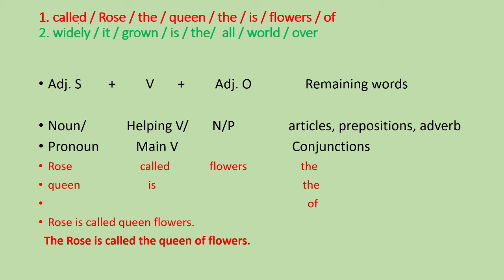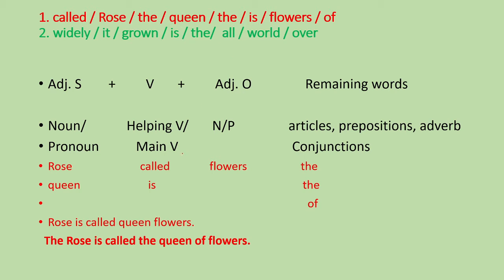So first word, called. Called is a verb, so we will write called under V. Then comes rose. Rose can be a subject because it's a noun, so we will write it below subject. Then the, we will write under remaining words. Queen, again it can be subject or object, so we can write it here below the subject. Then the next the, we write below remaining words.